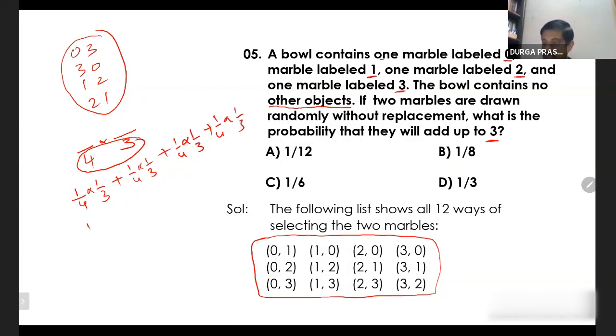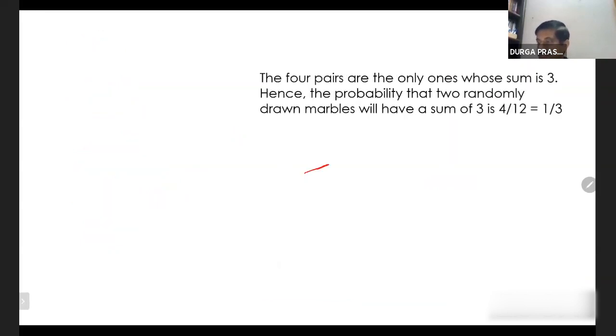So this is 1 by 12 into 4, so that is 1 by 3. This is another way of working, either taking total possibilities and working as we have shown, or getting marble to marble. So this is how it works out.